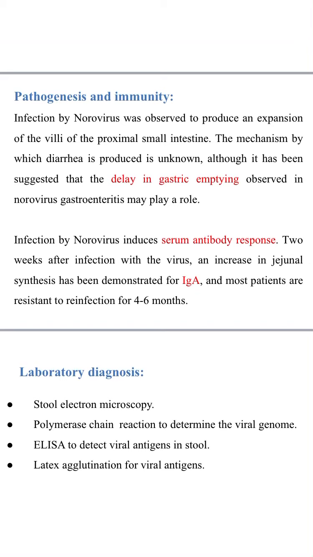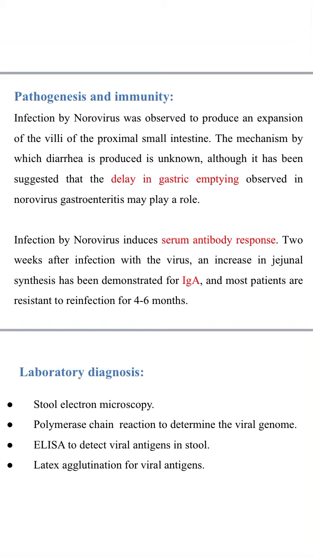Pathogenesis and immunity. Infection by norovirus was observed to produce a flattening of the villi of the proximal small intestine. The mechanism by which this lesion is produced is unknown, although it has been suggested that the delay in gastric emptying observed in norovirus gastroenteritis may play a role.